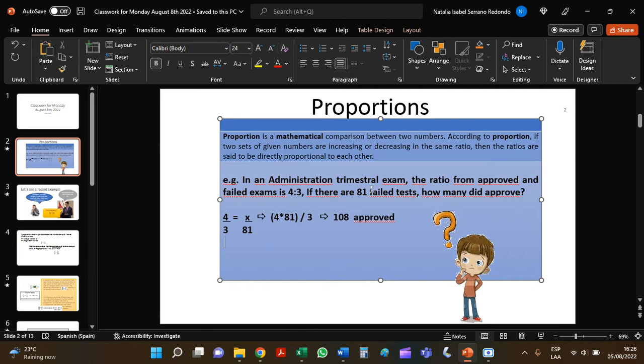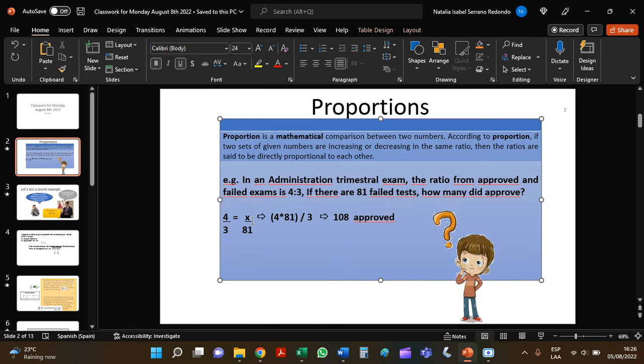The other number we received is 81 failed tests. Should I put it on the numerator or denominator? You have to continue with the same order. Up, we have the approved. Down, we have the failed.